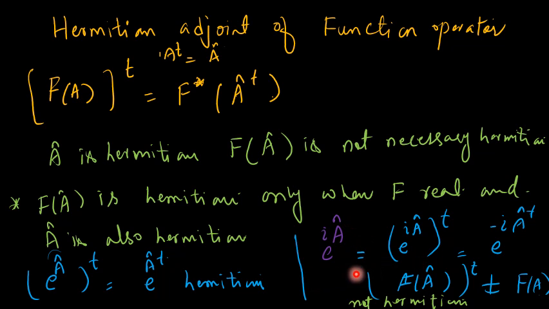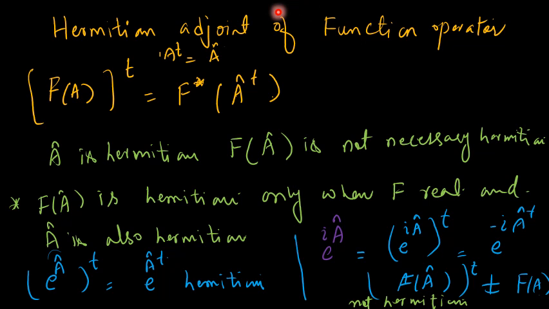So this function operator is not Hermitian, although A is Hermitian, because it does not fulfill the condition for hermiticity of the function operator, which says that f of A is Hermitian only when f is real and A is also Hermitian.